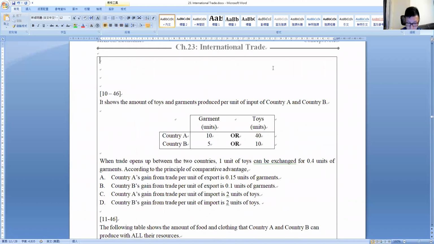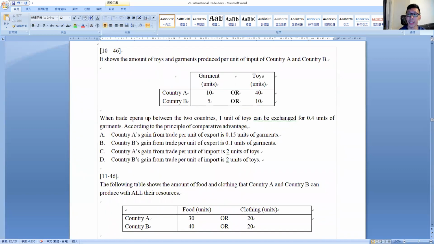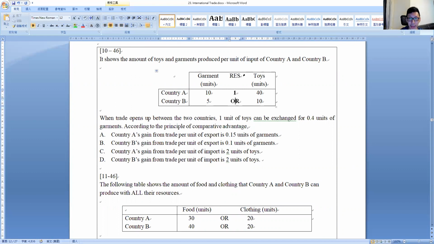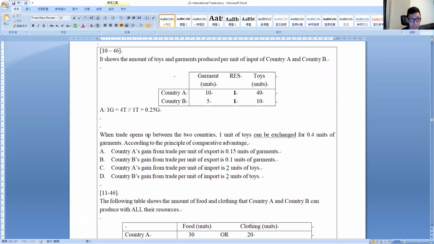Now next one. Here, 2010, question 46. It shows the amount per unit of input, so per unit means one, right? Now, let's calculate their costs very quickly. Country A, 1G equals 4T, or 1T equals 0.25G.